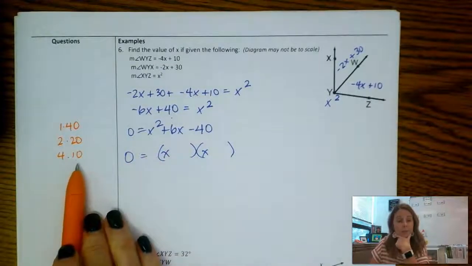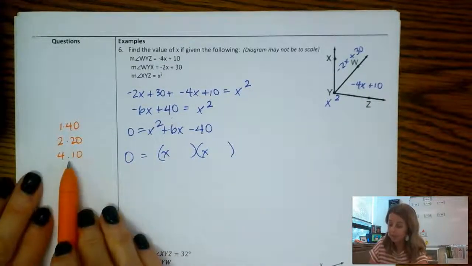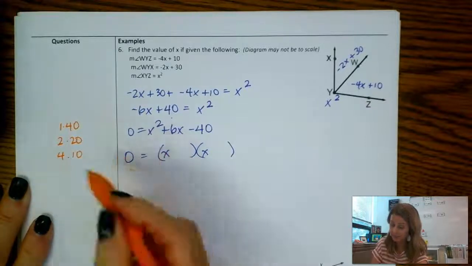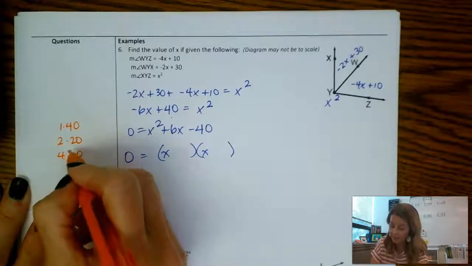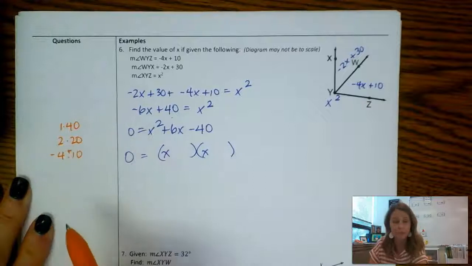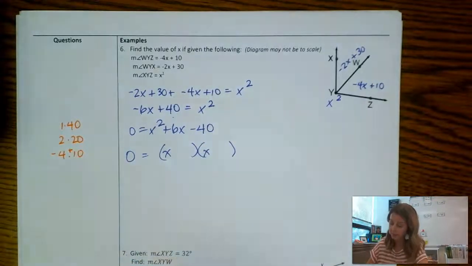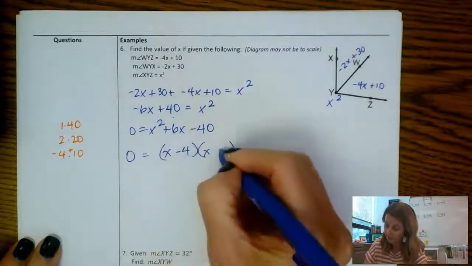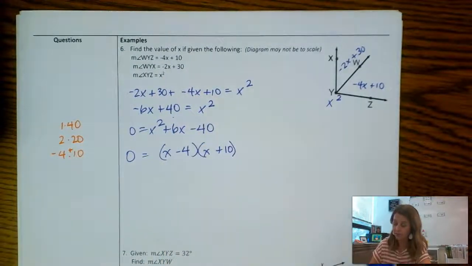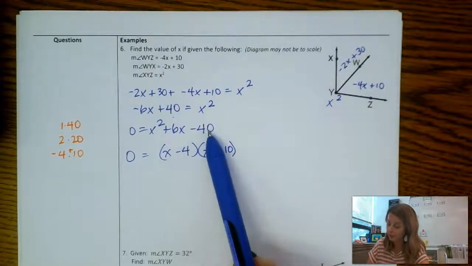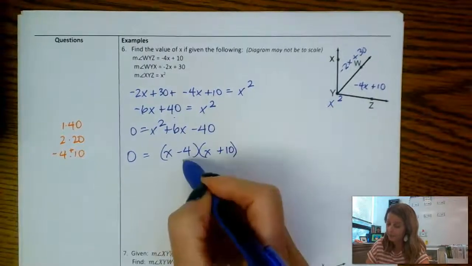Okay, 4 and 10 are 6 units apart. So I want 6 to be positive, which means the 10 is going to have to be positive and the 4 is going to be negative. And when I multiply them, I do get negative 40. So x minus 4 times x plus 10.